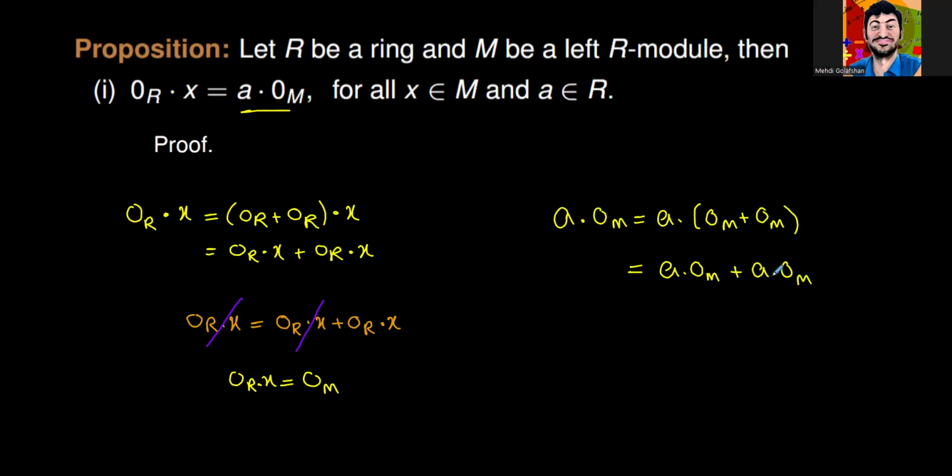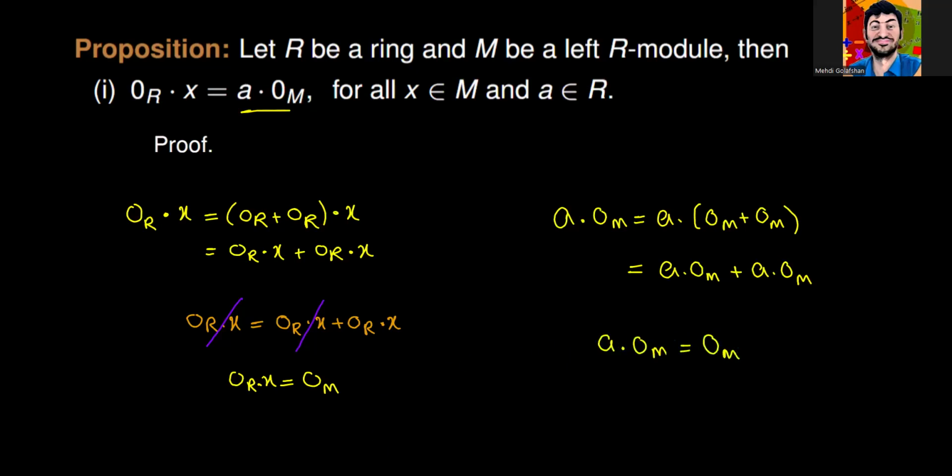With the same argument, by the cancellation rule, a times 0_M is equal to 0_M.